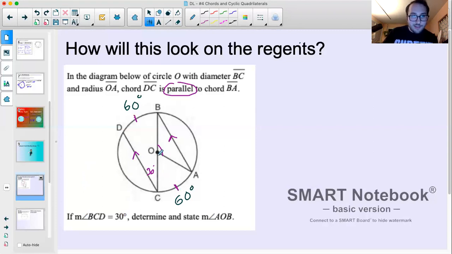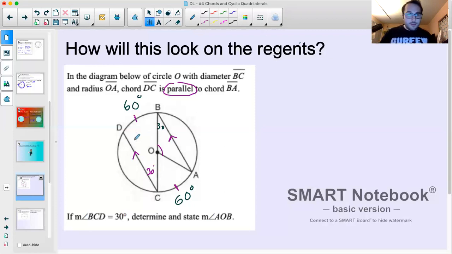So we got that CBA outlines arc CA. Remember, the angle is half the arc, so that means angle B must be 30. Now, we could have done this a lot quicker. You might be asking yourself, how could we have done that, Mr. D'Souza?